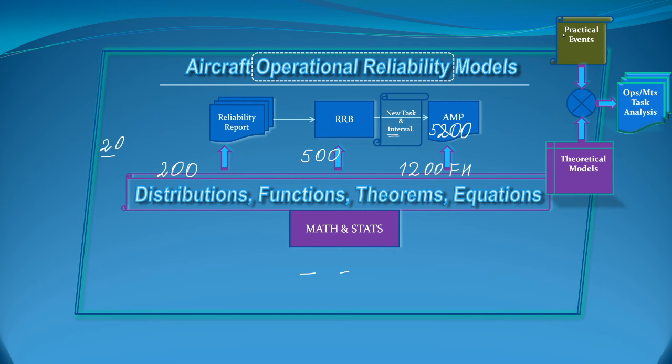We have one practical, real-life side, which is all these 20 removals, and on the other side we have some theoretical mathematical models. Unfortunately, they are not always on the same page when we try to analyze our maintenance, in this case the operational reliability task, which was interval calculation. We need to calculate the interval. They are not always on the same page.